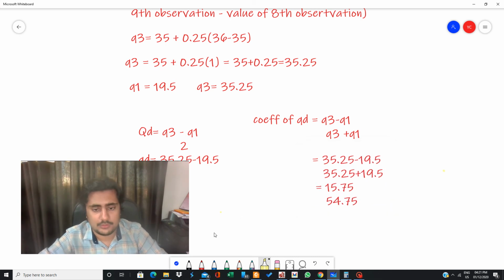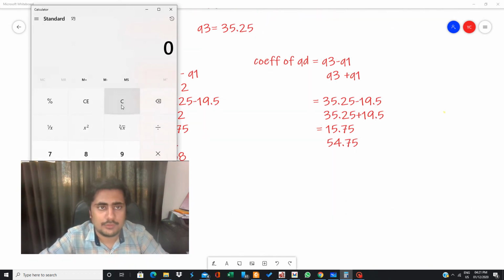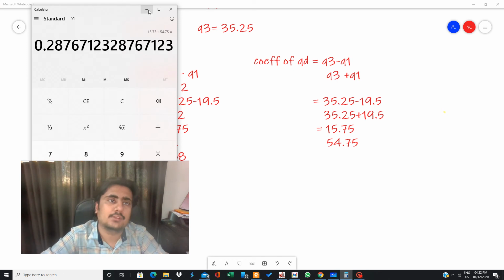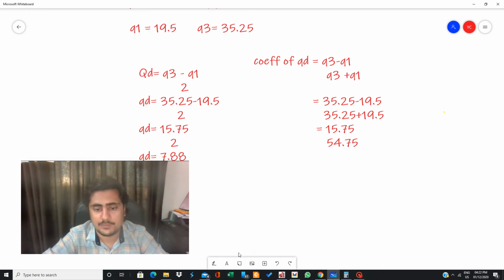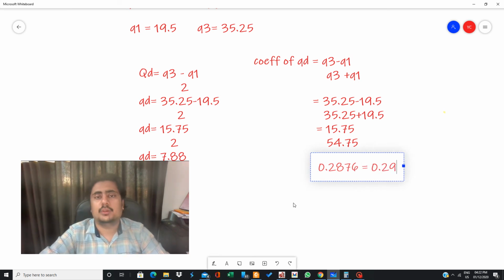Do everything with the calculator. So now 15.75 divided by 54.75 is 0.2876, which is approximately 0.29. So this is your answer.